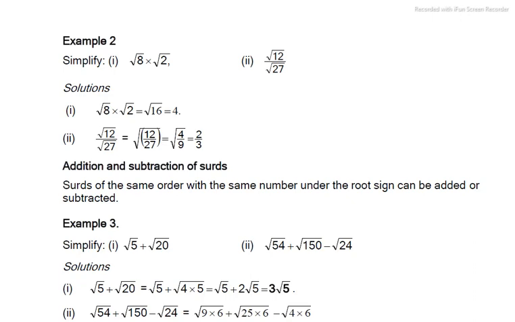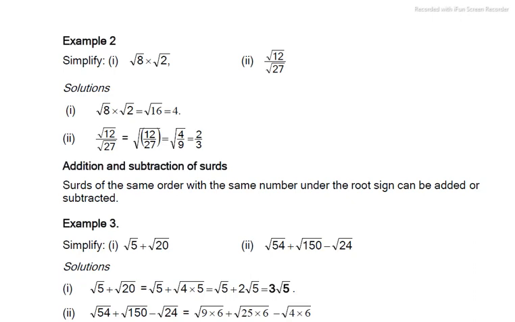We have the second example, which says root 54 plus root 150 minus root 24. Still, we shall first simplify these roots such that we come up with a common figure under the roots.